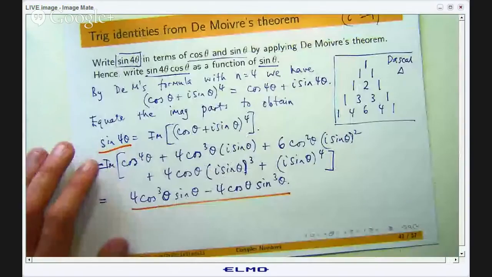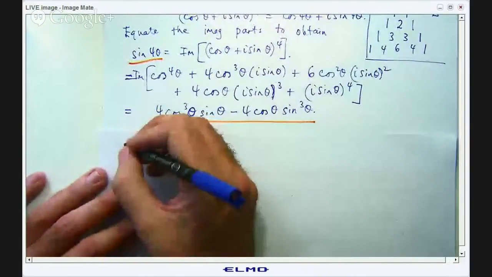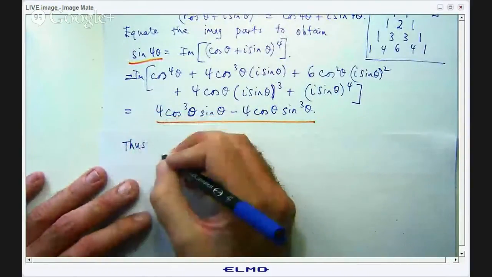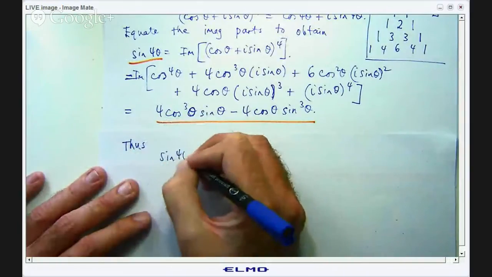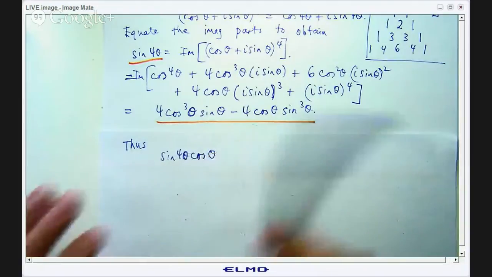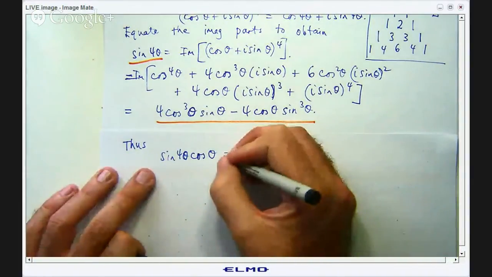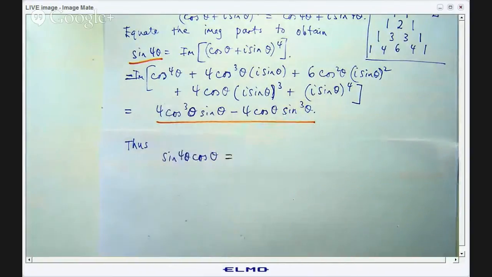Okay, so let's do that. Sine 4 theta cos theta. I'm just going to change pens. All right, so we take all of this and multiply through by cosine theta.